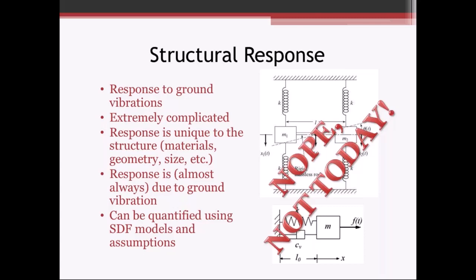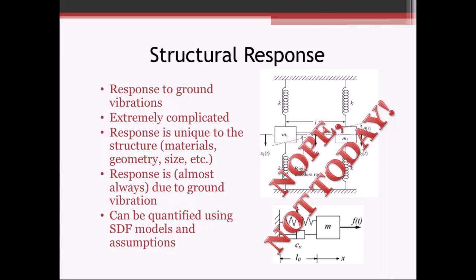Probably the biggest takeaway here with the structural response is that every structure has a resonant frequency. A lot of us have probably seen that video of the Tacoma Narrows Bridge, with the wind blowing and the bridge basically collapsing from resonating frequencies from the wind. Each structure, again, has its own unique resonant frequency.